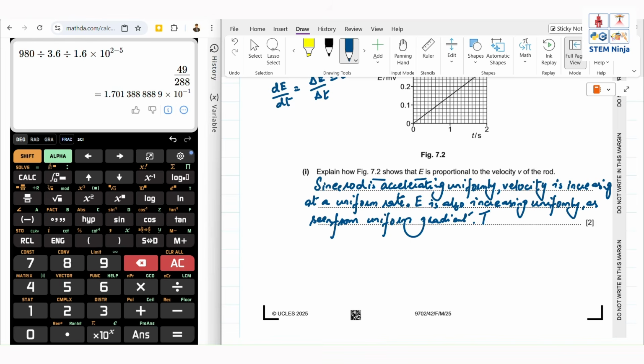Therefore, it shows velocity is proportional to E, the induced EMF.